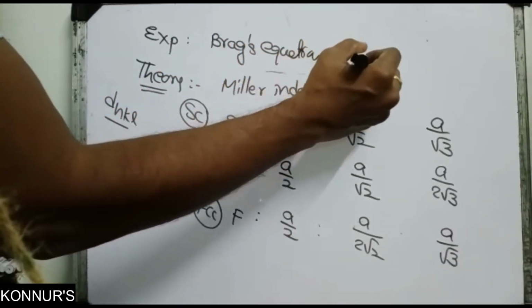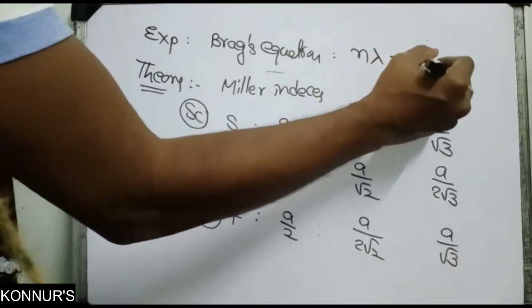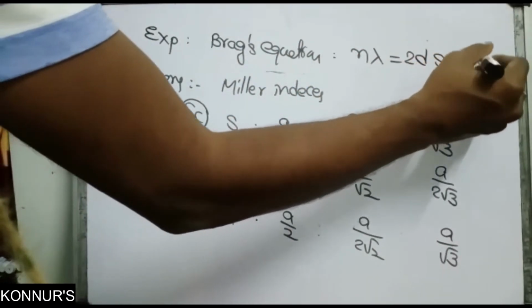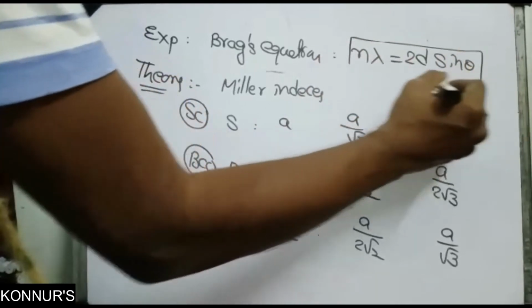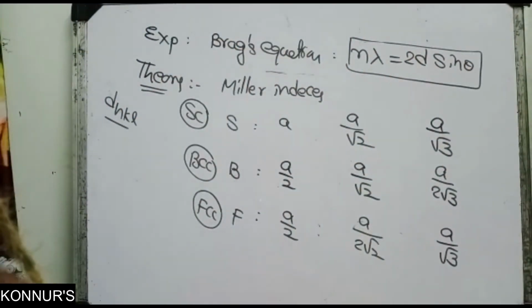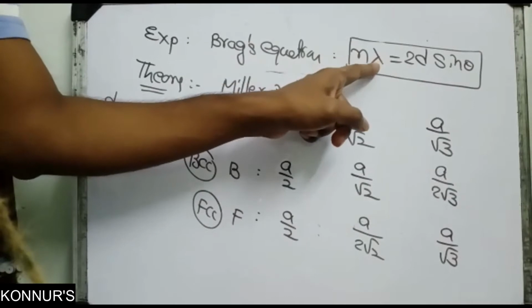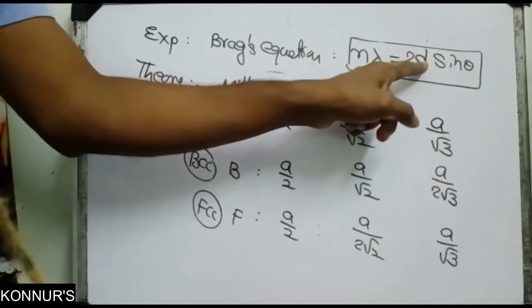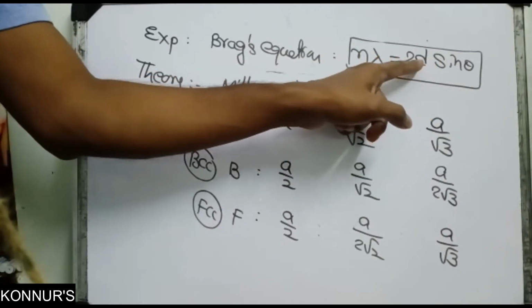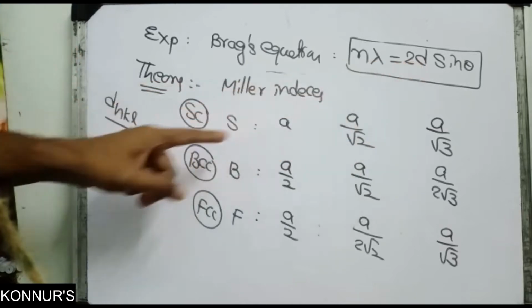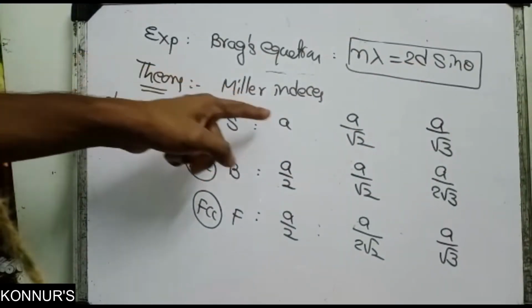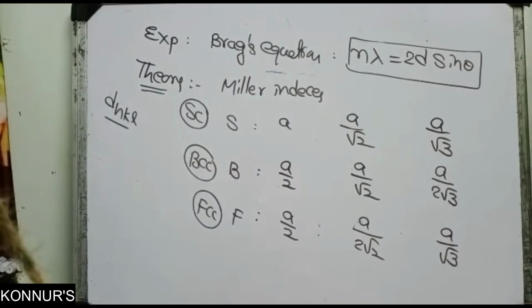What is Bragg's equation? n lambda equal to 2d sin theta. Upon the crystal we send light of some frequency, and based on that the d value is identified experimentally. This is the theoretical manner. So what is Bragg's equation?